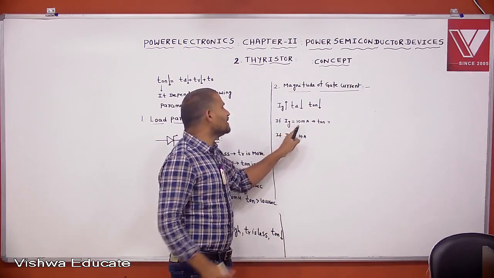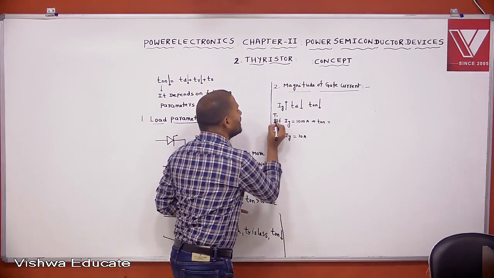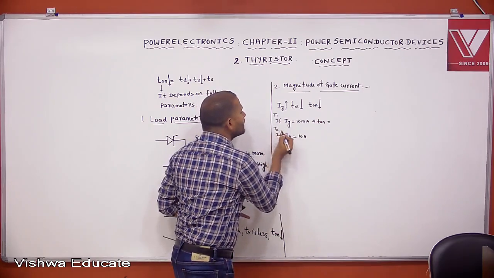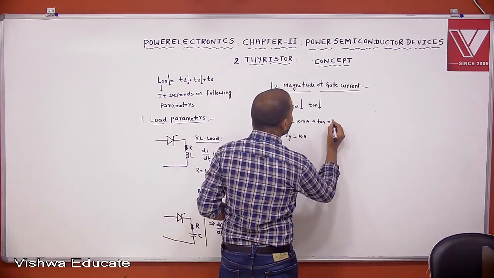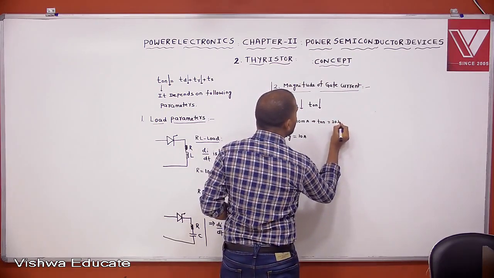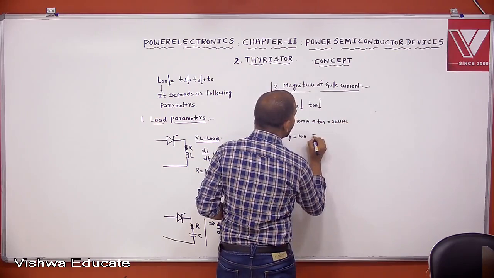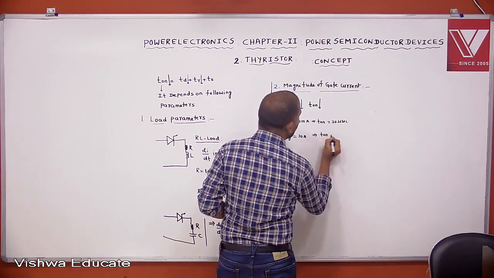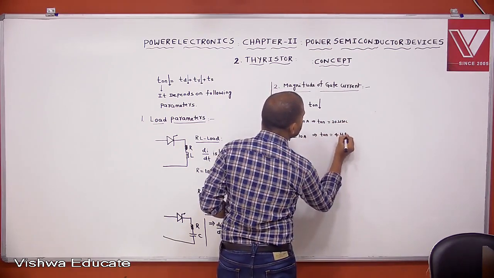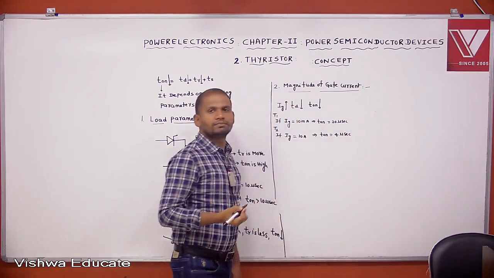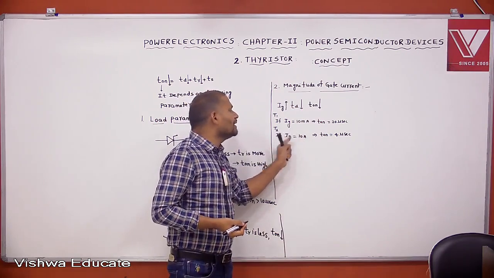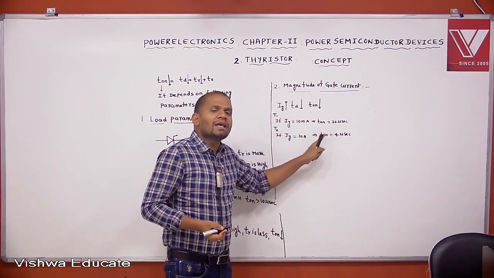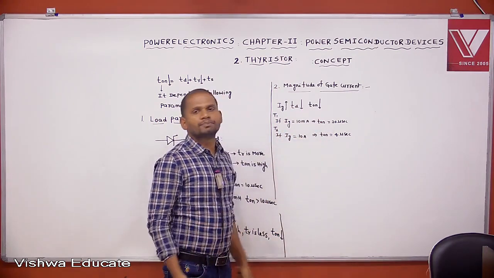One thyristor is designed for 10 milliampere gate current, another thyristor is designed for 10 ampere gate current. Then the turn on time of the first thyristor is, let us assume, 20 microseconds. The turn on time of the second thyristor is 4 microseconds. That means the thyristors designed for high gate current have less turn on time.